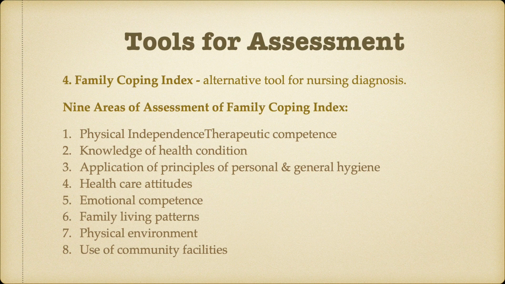Then the fourth tool we have, which is the last tool that we are to discuss in this module, is the Family Coping Index, which is an alternative tool for nursing diagnosis.